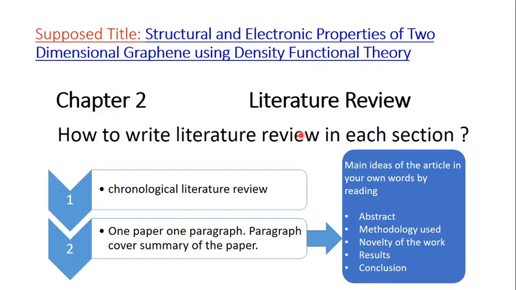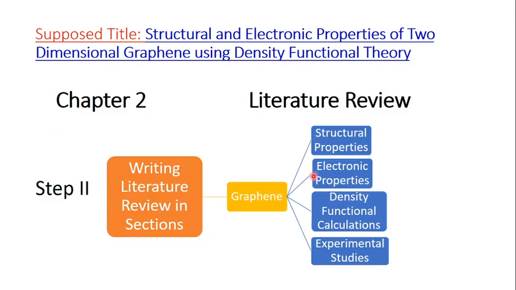For example, structural properties, electronic properties, density functional theory, and experimental studies. So you can make these section number 1, 2, 3, and 4, and so on. So literature review should be in sections so that the readers can read it easily.